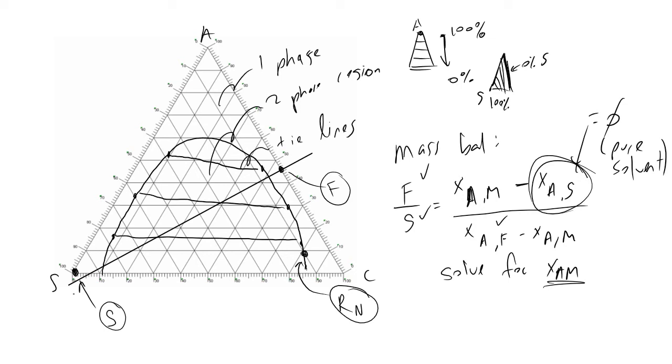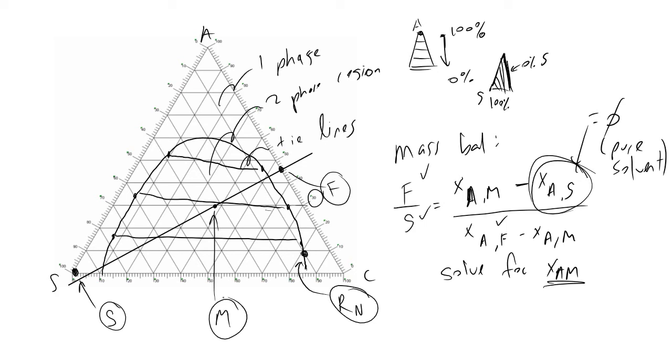And so let's say that we found XAM to have a value of 30. What this means is that we look across this 30% mass fraction line on our ternary diagram, and we see that it intersects our SF line here, and so this tells us that our mixing point in our system is right here.